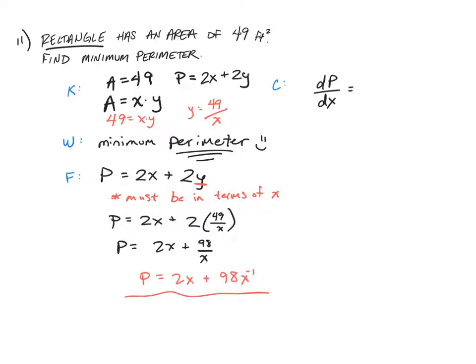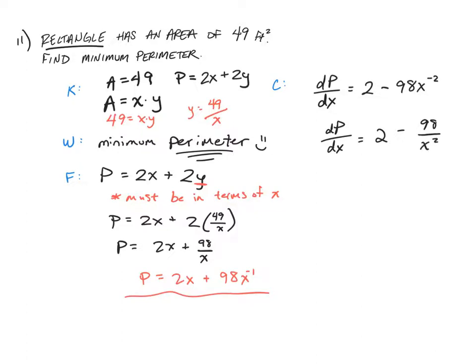So I got 2 minus 98x to the negative 2. You're really good at calculus. I know. And we could also rewrite that. A negative exponent, we reciprocate. So 2 minus 98 over x squared.